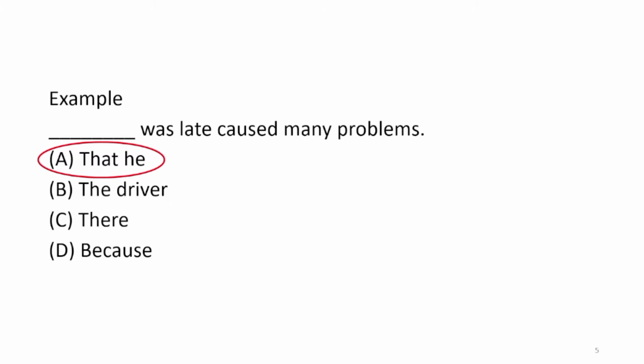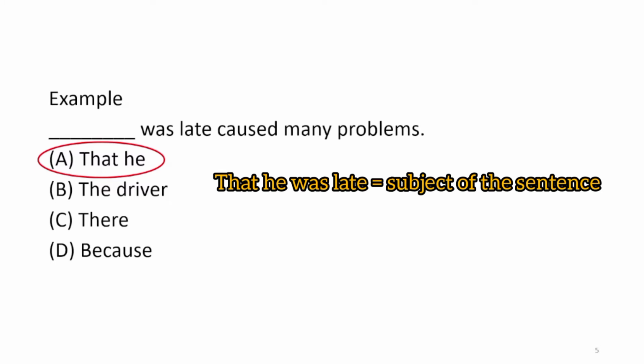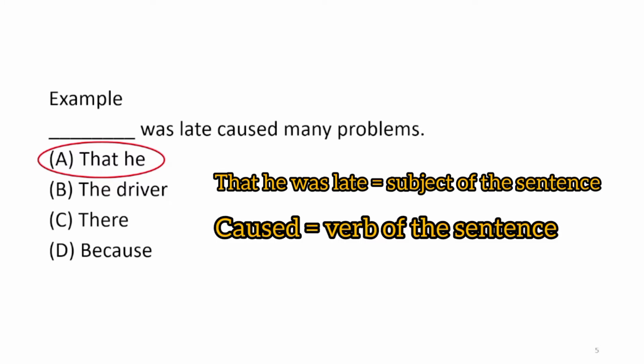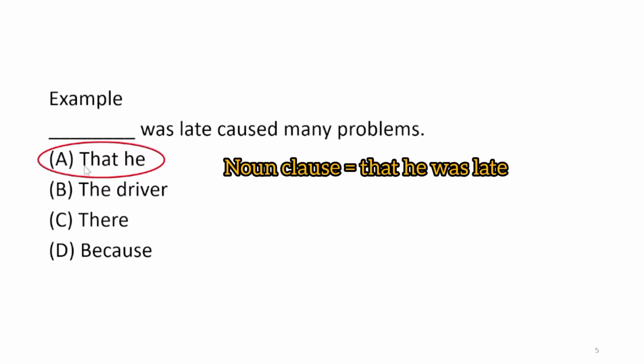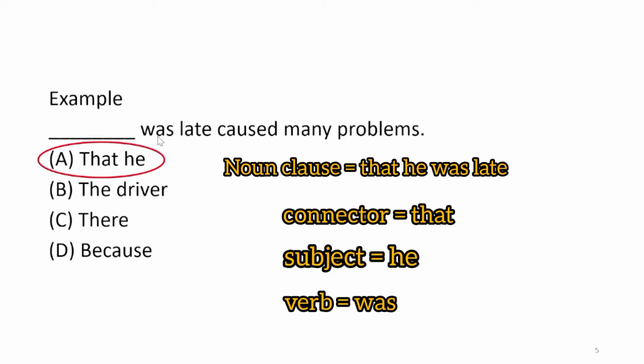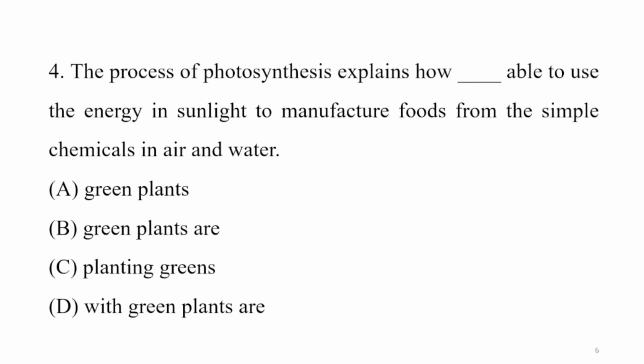That he was late is the subject of the sentence, and caused is the verb of the sentence. Okay, in the noun clause that he was late, we have connector that, we have subject he, and verb was. Okay, so this is complete. What about this one? You can try this and comment your answer down below.